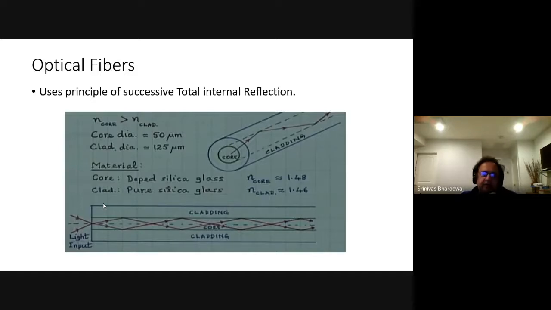That's when you have total internal reflection. Therefore, the light is introduced at a certain angle to make this total internal reflection happen, and it just gets reflected. So that's how this whole thing works.